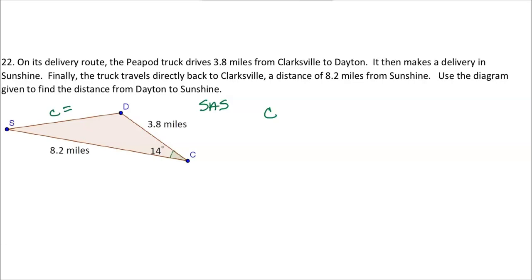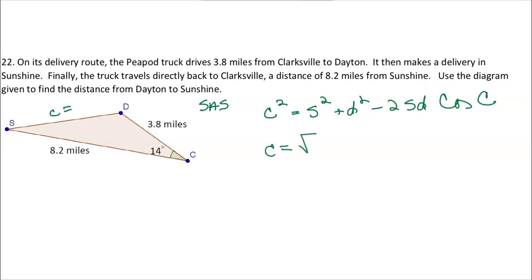So I'm going to write it out for myself. I want to find c squared, right? So that's going to be s squared plus d squared minus 2 s d cosine C. Remember, you've got to work out how you're going to arrange these equations.